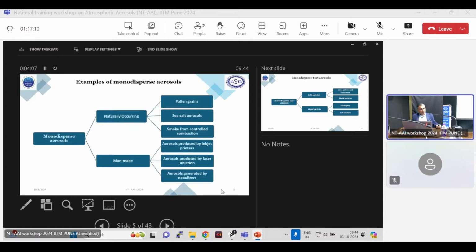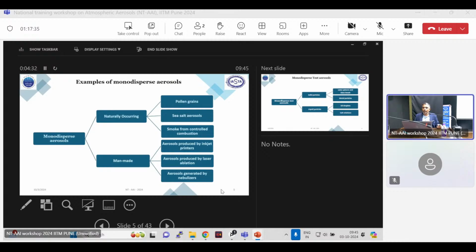Some examples of monodisperse aerosol are naturally occurring aerosol and man-made aerosol. Pollen grains occur naturally, and if it is a particular pollen, it will have a similar size, maybe a narrow distribution. Then sea salt aerosol, when it is emitted from the sea surface, is mostly monodisperse.